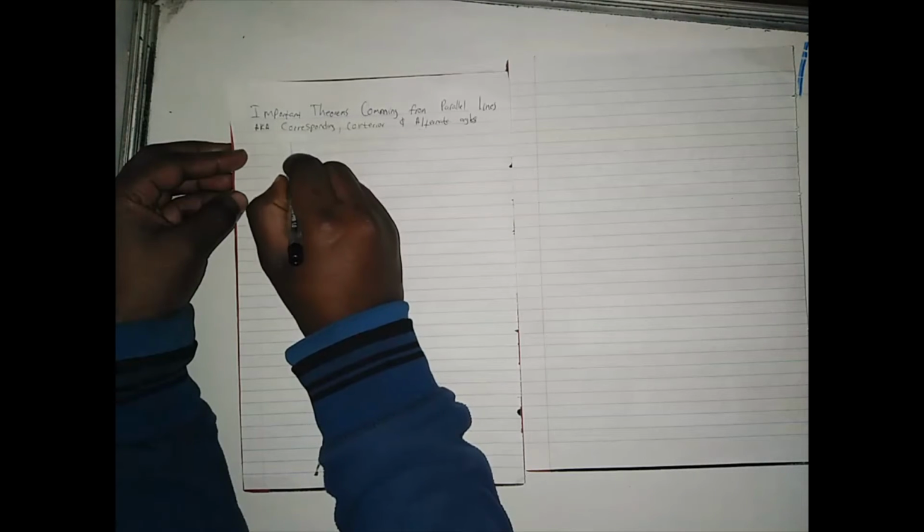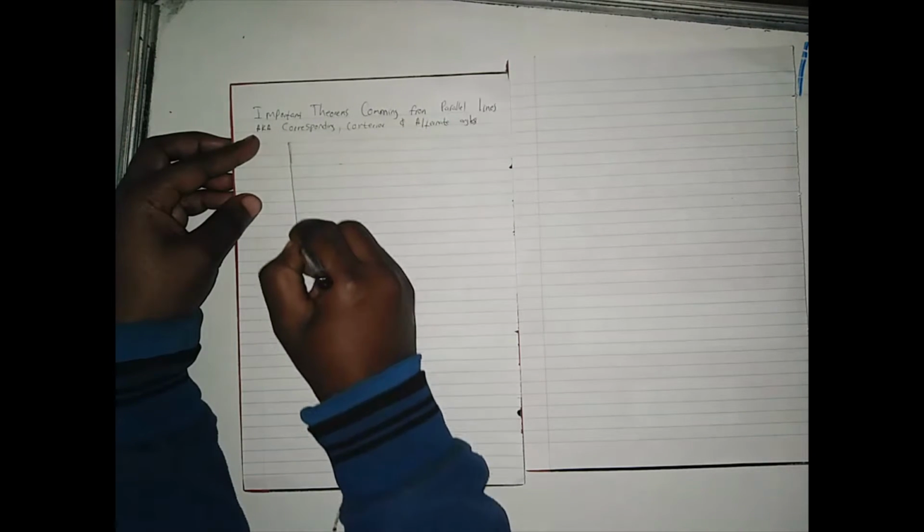Okay, now let's start with corresponding. When they say corresponding angles, what do they mean? Basically, you will have a line like this one, and then you will have a transversal line. Don't be scared by a big English word, transversal.